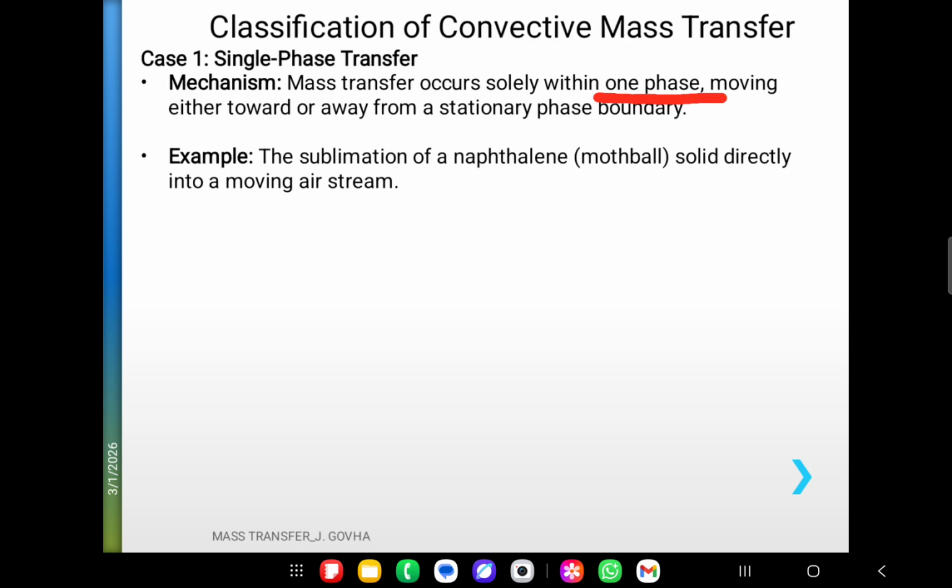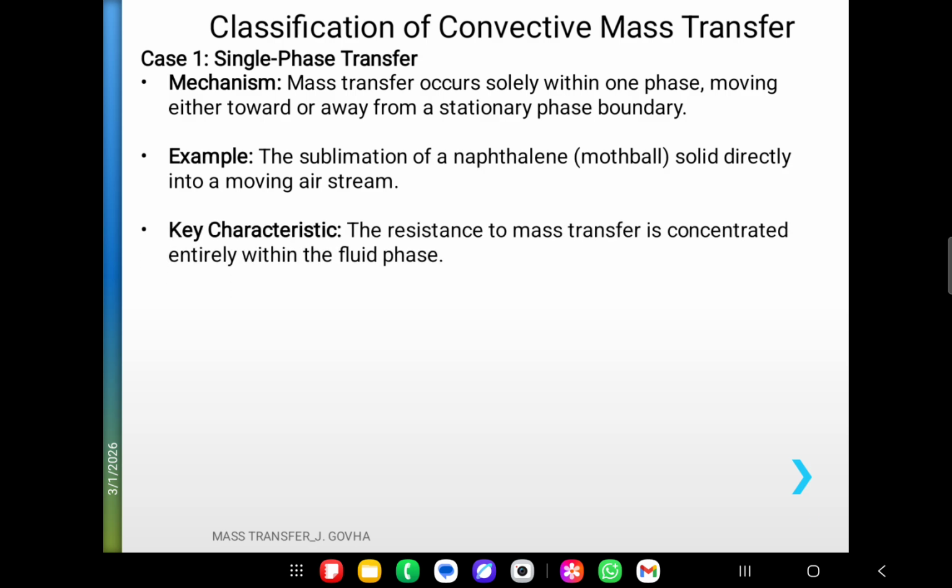So this is the sublimation of naphthalene. And the resistance to mass transfer is concentrated entirely within the fluid space.